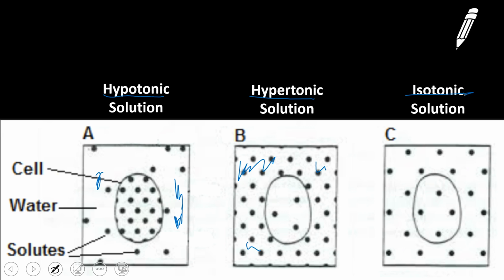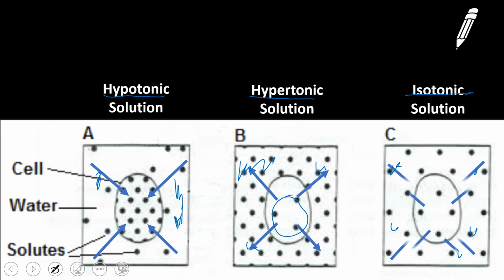Isotonic, we're referring to outside the cell, the solution outside. Okay? And the hypotonic, more water is going to go in, and that cell is going to swell up. Hypertonic, more water is going to leave. That cell is going to shrink. In an isotonic solution, there's no net change. The same amount that enters is the same that leaves.